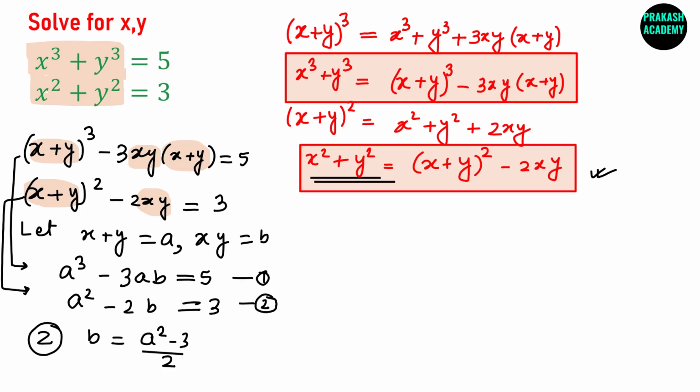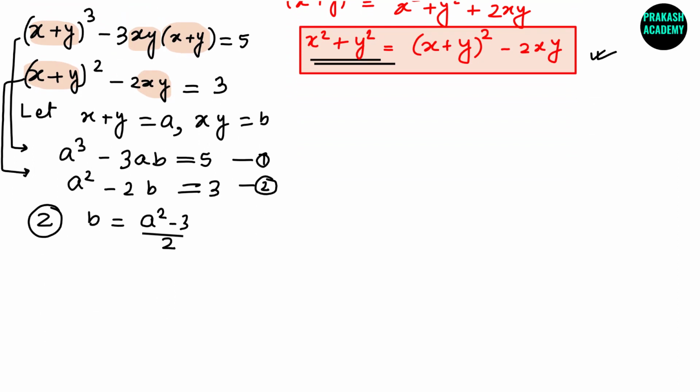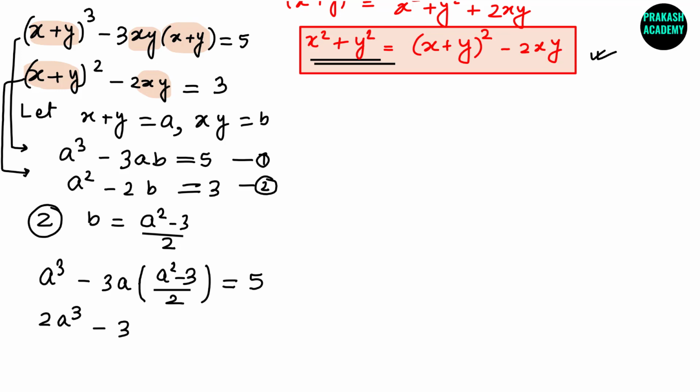Now let us plug this value into equation 1. If you plug this value in equation 1, you will have a cube minus 3a, and the value of b is a square minus 3 divided by 2, and this is equal to 5. So let us multiply by 2 throughout. So you will have 2a cube minus 3a times a square minus 3, and this is equal to 10.